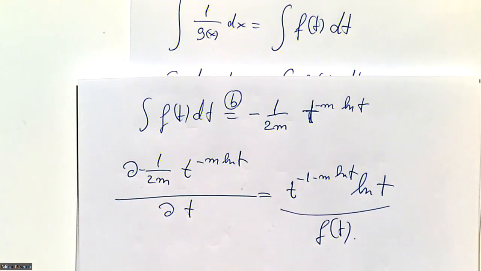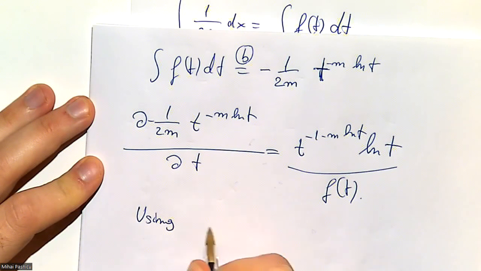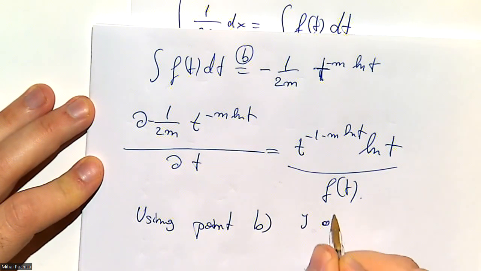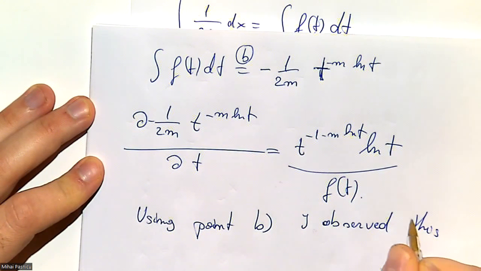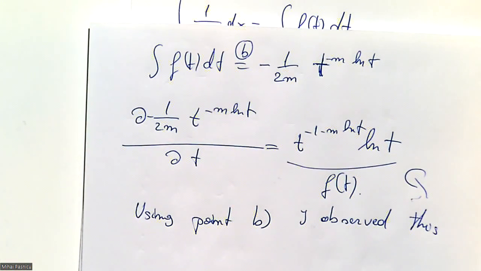Using part B, I observed that the derivative of that thing is equal to that thing. You don't need to compute. You just need to show the grader that you thought about it.